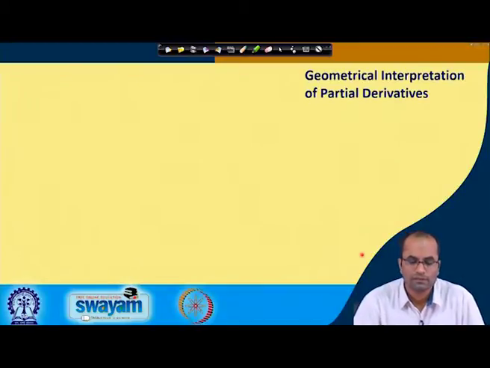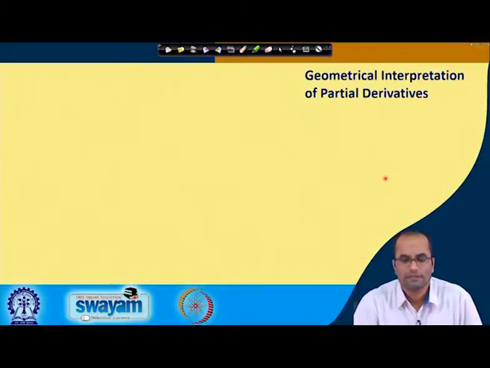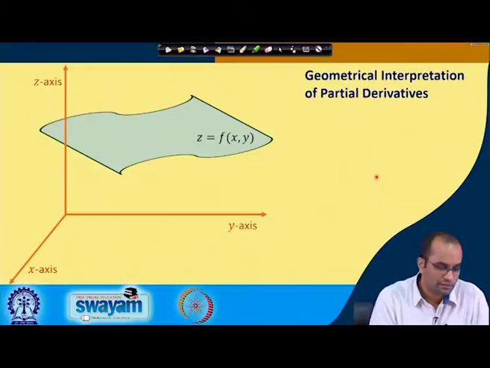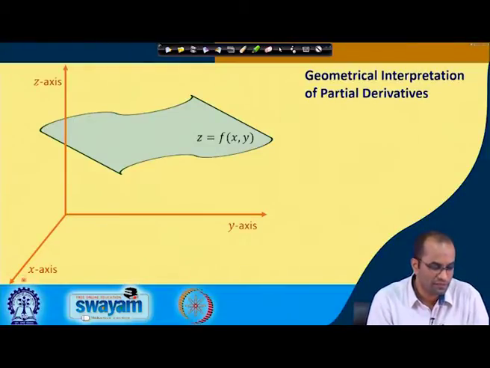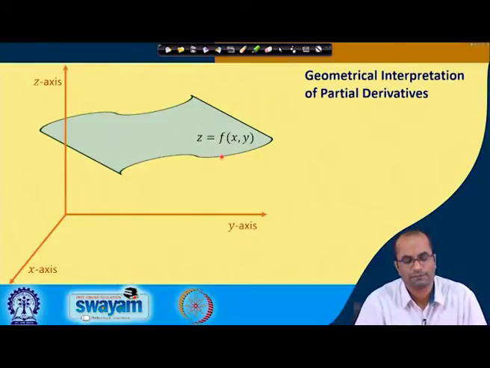Coming to the geometrical interpretation of the partial derivative, we consider three-dimensional space: the x axis, the y axis, and the z axis, and some surface where the function is z equal to f(x, y). So, the surface is represented by this function.